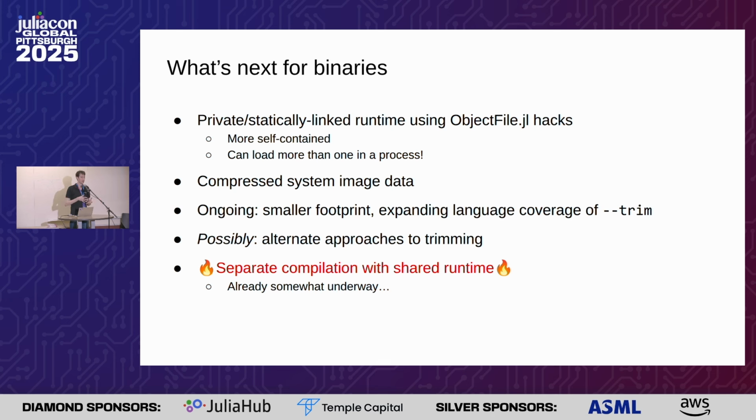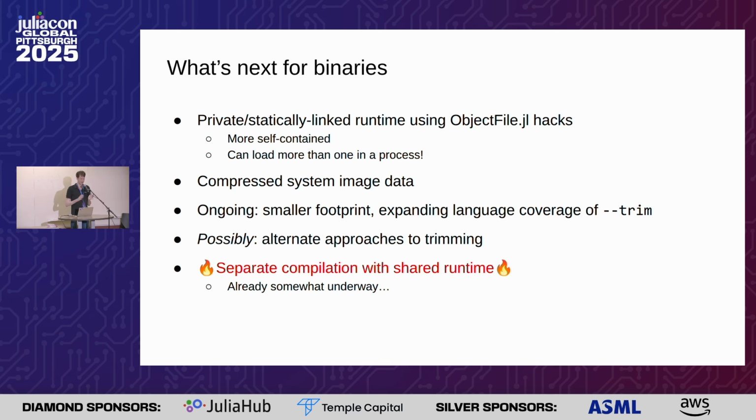I think there are other things you could do. For example, look at all of the identifiers that are referenced in the program. As long as you never try to fabricate a symbol by constructing a string and evaluating it, we might be able to figure out that certain entire types or functions are never used and we can remove those. So I think that might be an alternate approach that could be possible. It would be nice to do some experiments on that and see how well it works.